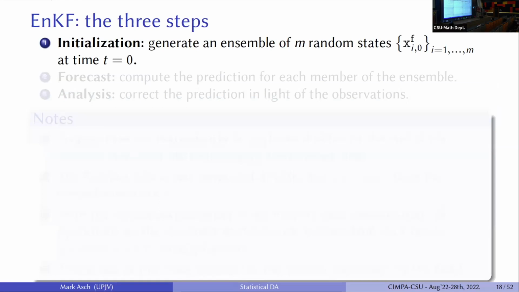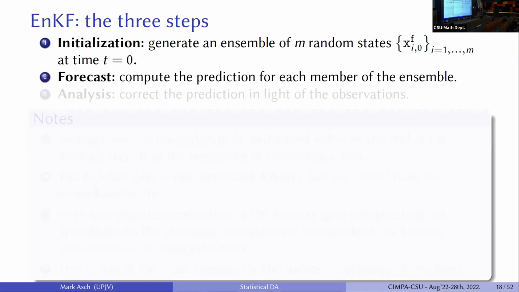So the EnKF is a very, very popular extension of the Kalman filter, and it works basically in the same way. You'll see that one initializes by generating an ensemble. The only difference from the basic Kalman filter, where we just had one initial state, is that now we need M initial states, which we call random states. They're obtained by random perturbations of one of the parameters or the initial condition, usually by perturbing the initial condition. So we hope to have some kind of representative initial ensemble of states, and then we compute the prediction for each member of the ensemble.